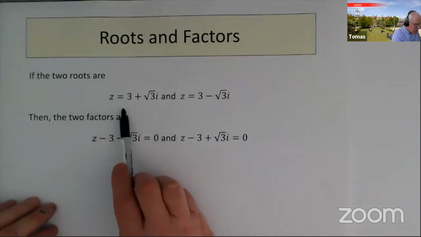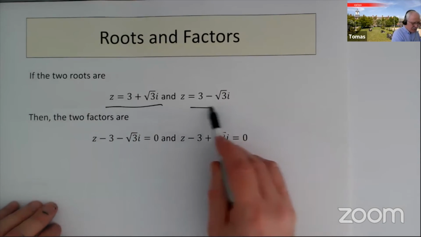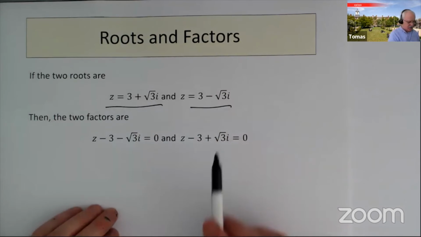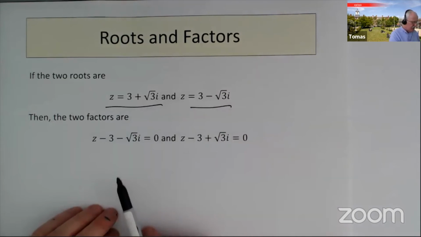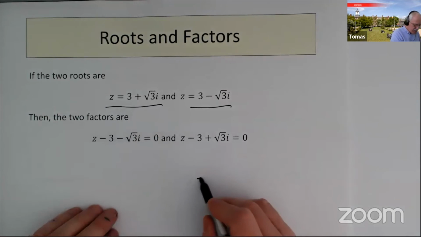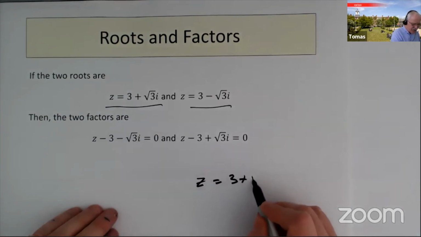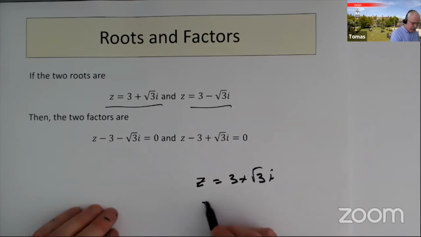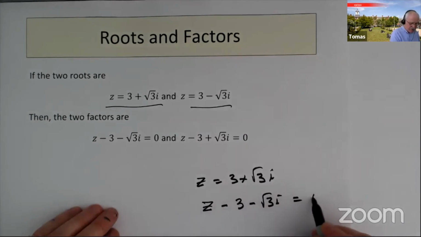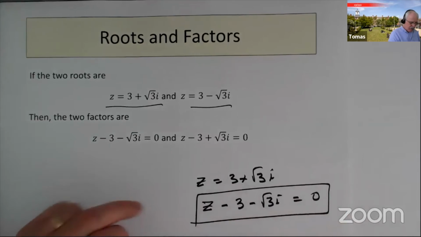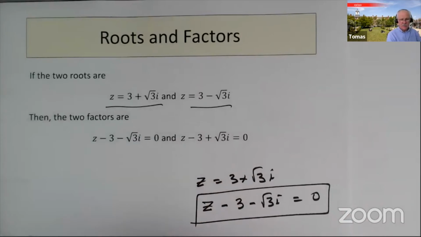If there are two roots, one has to be the complex conjugate of the other. So if one is that, the other is the conjugate. Then the two factors are, so if z equals 3 plus root 3i, then z minus 3 minus root 3i must equal 0, because that's just moving that to the other side.